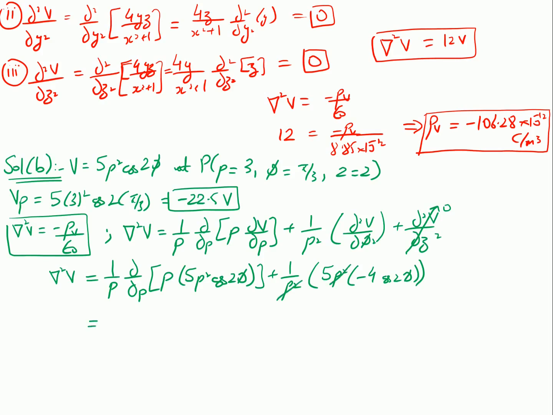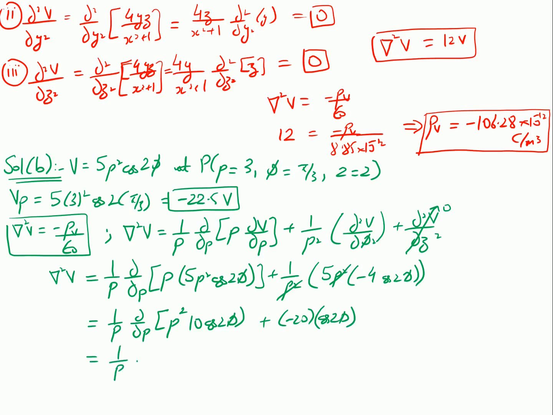Now I'll have 1 by rho times the partial derivative of this term, which comes out to be 2 into 5, 10, and cos of 2 phi, and then rho and rho becomes rho square, so it will be 10 cos of 2 phi, and for this term it is 5 into 4, equal to minus 20 cos of 2 phi.